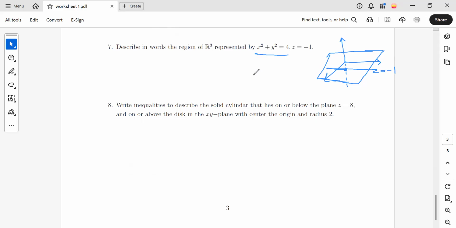Okay, number 8, write inequalities to describe the solid cylinder that lies on or below the plane z equals 8. So on or below z equals 8 means that all z that we have are on or below 8.